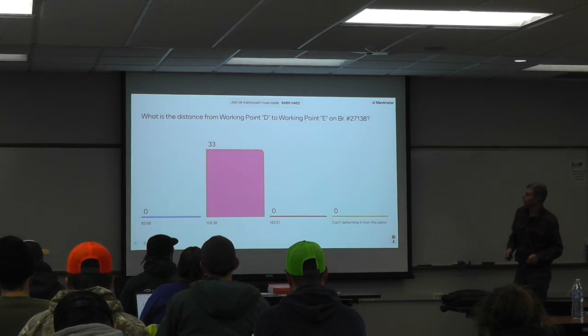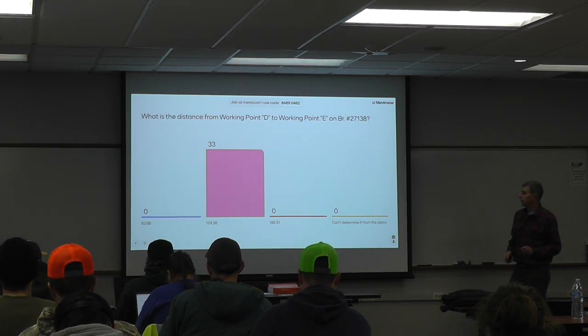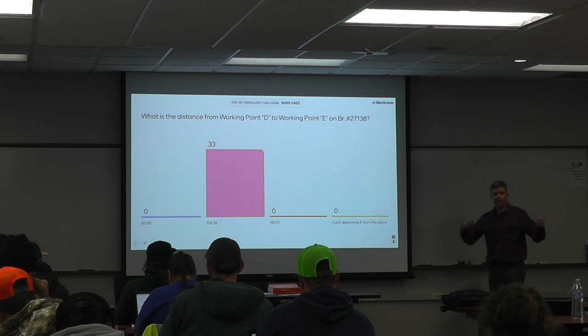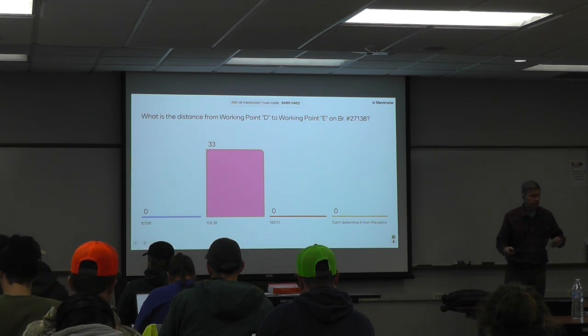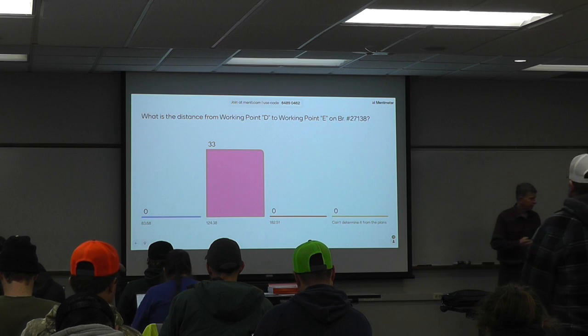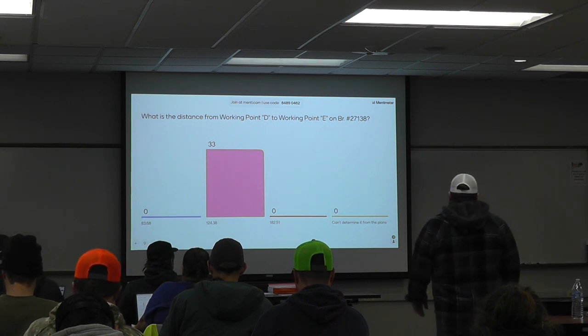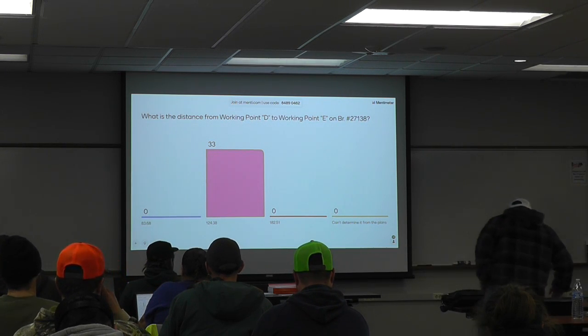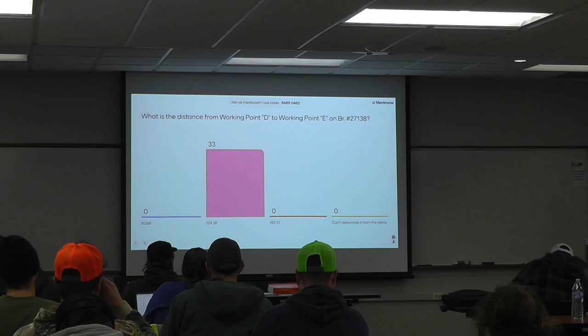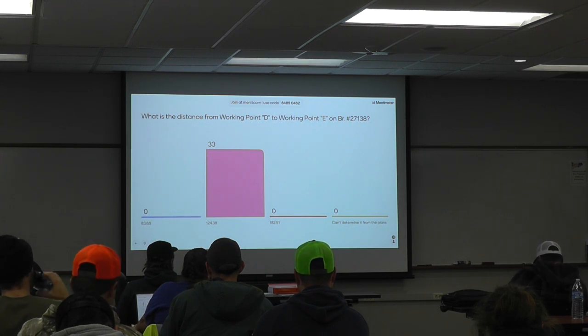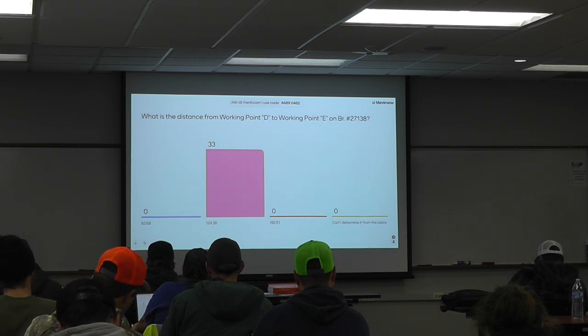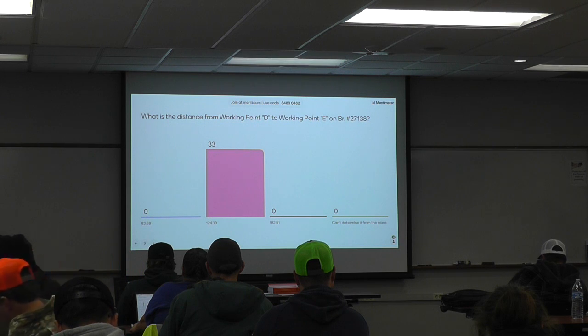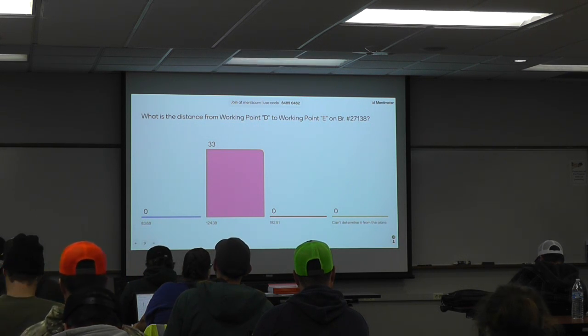What's the distance from working point D to working point E? There are many places we can find that. We can find it on some of the abutment sheets. Actually, we're not sure it's on both abutments, so where's the easiest place to find it? Bridge layout sheet.